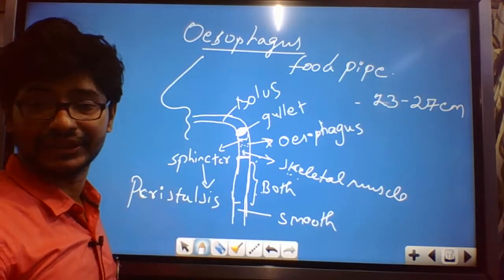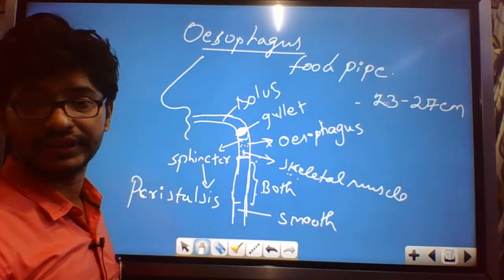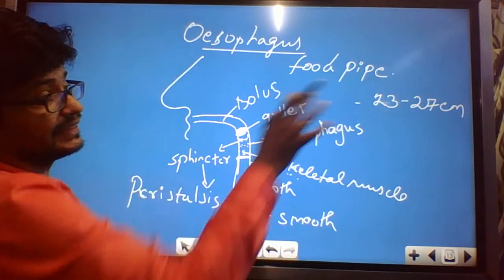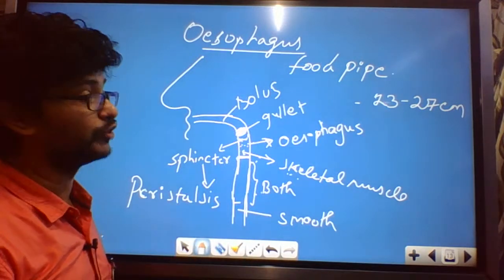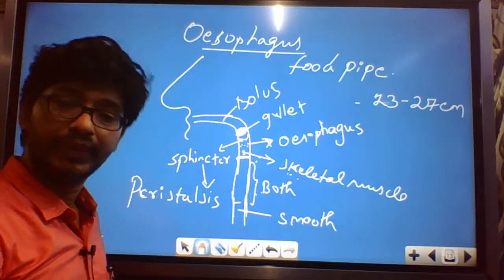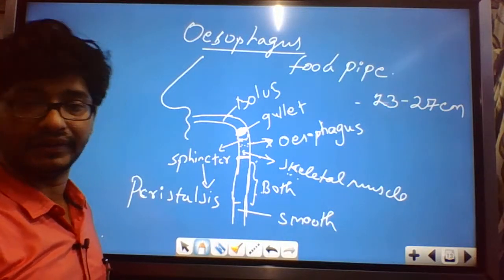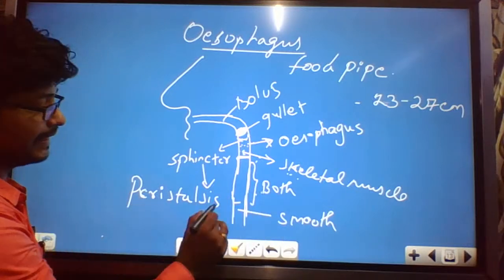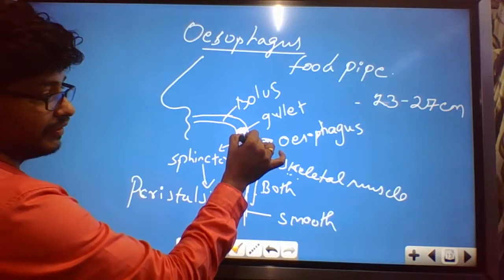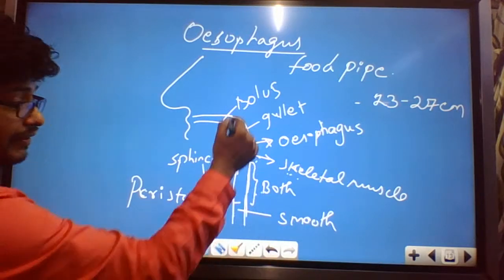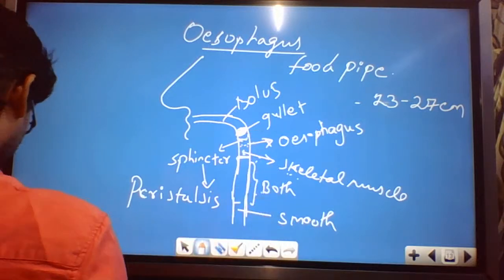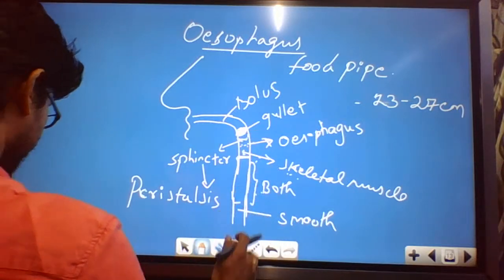When you ask about the size, 23 to 27 centimeters is for human adults, but it is not the exact size for babies; it varies comparatively. Through peristalsis, the bolus moves from the anterior part to the posterior part, and it will keep on moving until then.